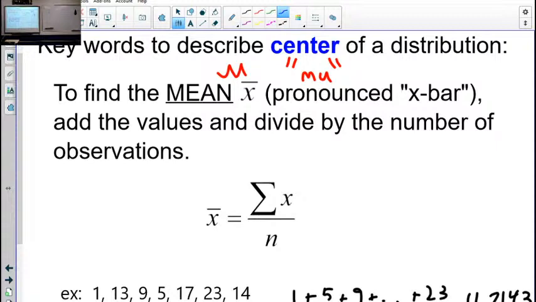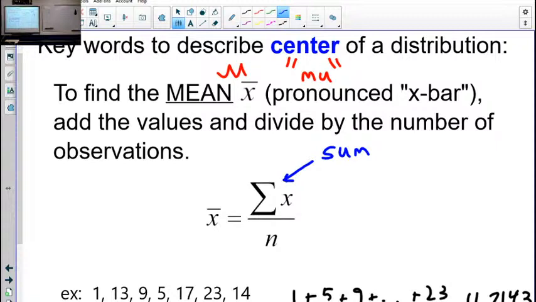So X bar, the mean, is, well, this is another Greek letter, which across all of math is used to signify a sum. Have you seen this symbol before? Has Honors Algebra 2 shown that? Okay, good. So the sum, and sometimes it goes from a particular value to another value, if we want to get specific.